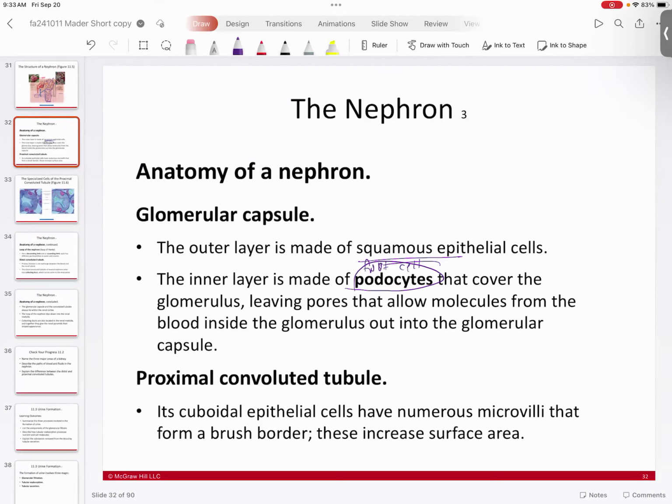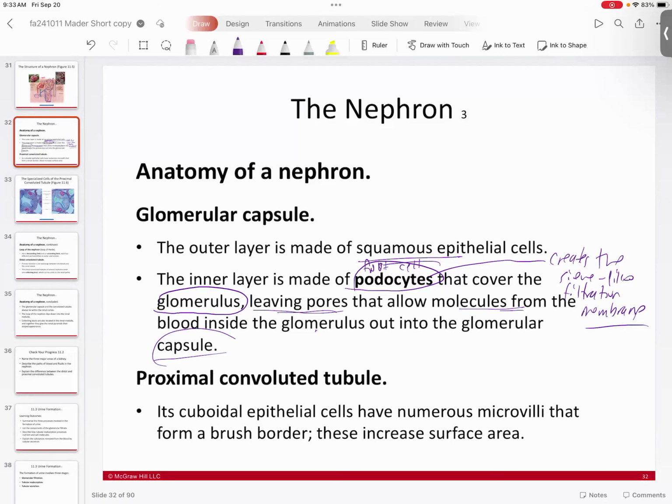And what these do is they basically lay on top of the glomerulus, and they leave little pores that allow molecules that are big enough from the blood to basically go from the glomerulus into the glomerular capsule. So this basically creates the sieve. And it creates what we call in A&P the filtration membrane.